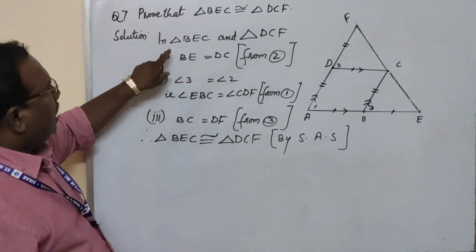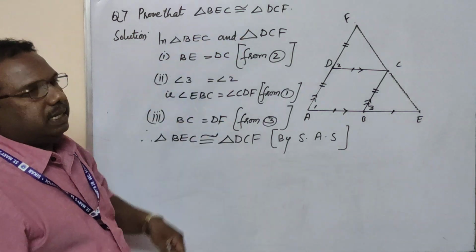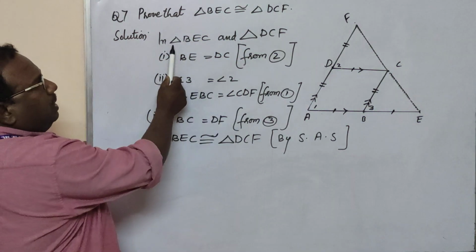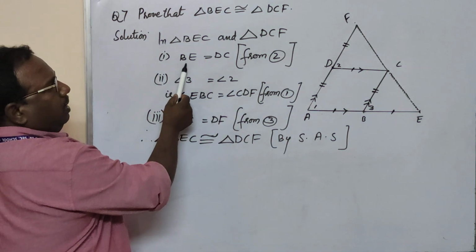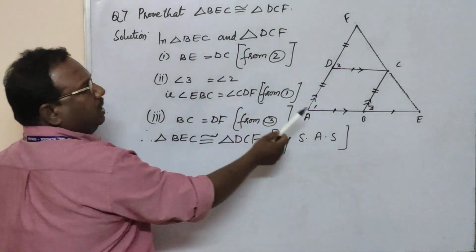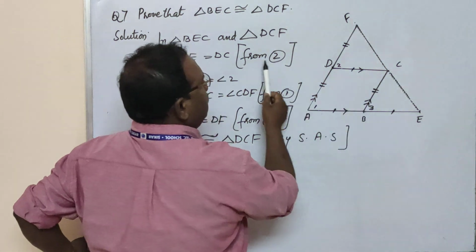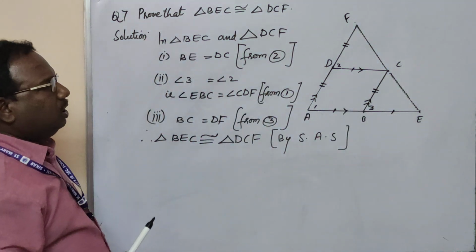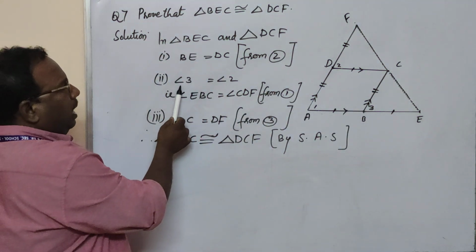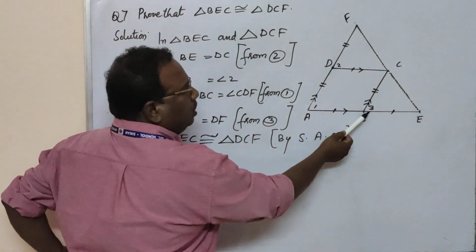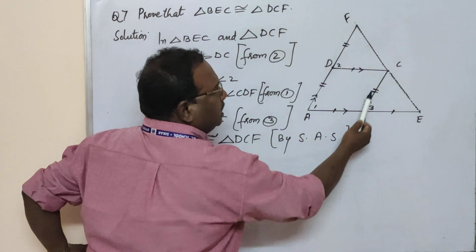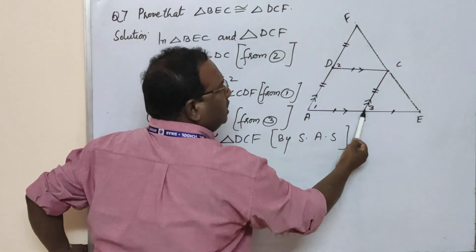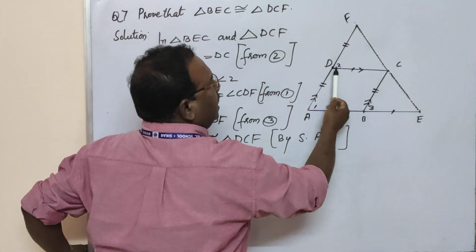Now let's consider triangle BEC and triangle DCF. Look at that. In triangle BEC and triangle DCF, side BE equal to DC, this side BE equal to DC, we proved it in the result 2. Then angle 3 equal to angle 2, that means angle EBC equal to angle CDF.